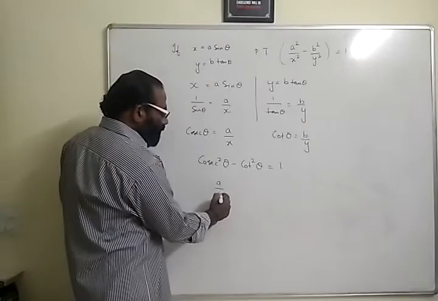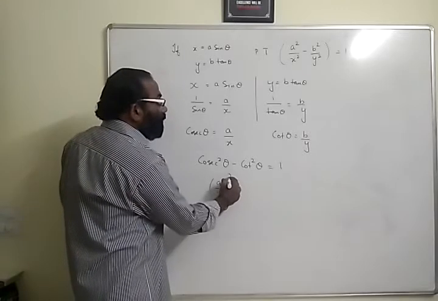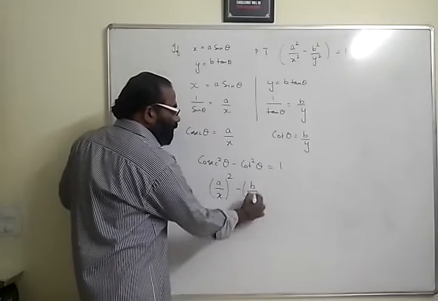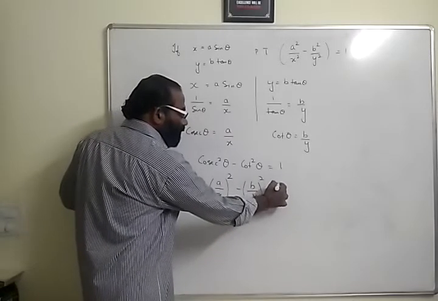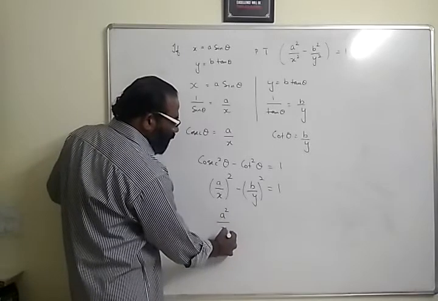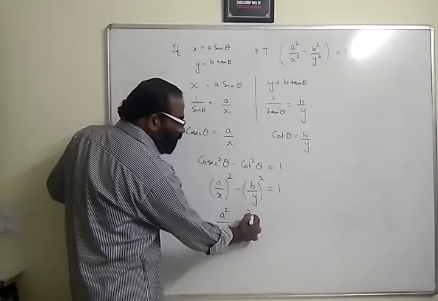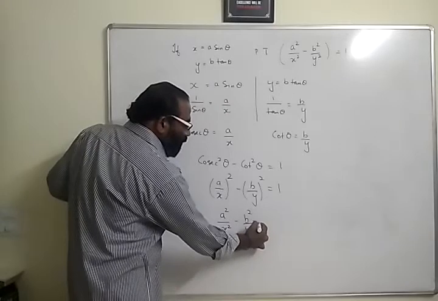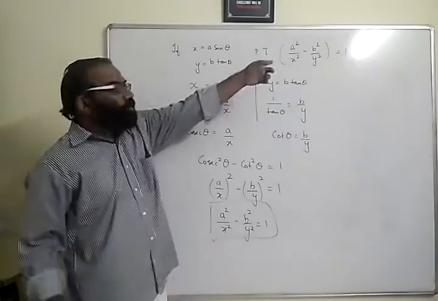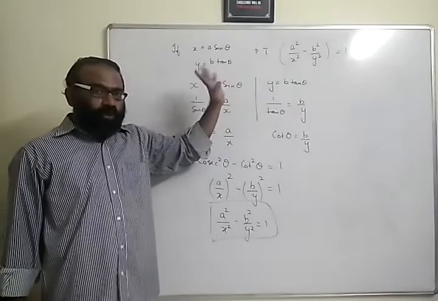So a by x the whole square minus b by y the whole square equals 1. Or I can write it as a squared by x squared minus b squared by y squared equals 1, which is exactly what we need to prove.